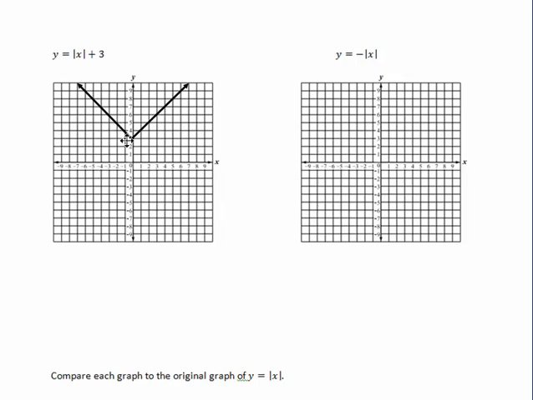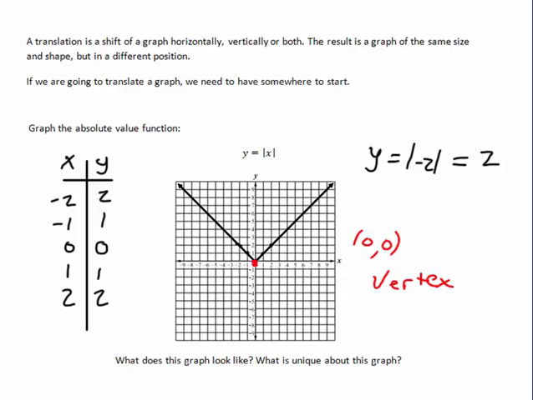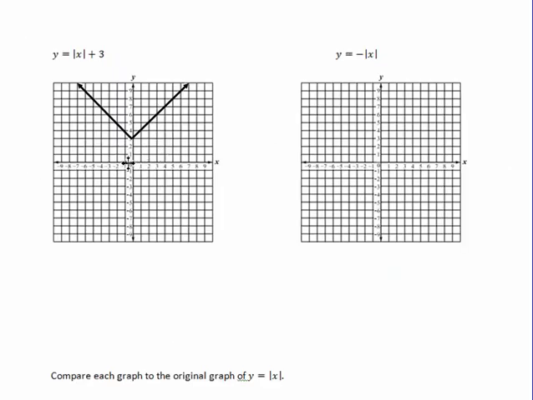So, what happens? What happened with this one? From the original, f of x or y equals the absolute value of x, either way, it doesn't matter. For y equals the absolute value of x, what happened from our original to this guy? Something to think about. And now let's take a look at this graph here.